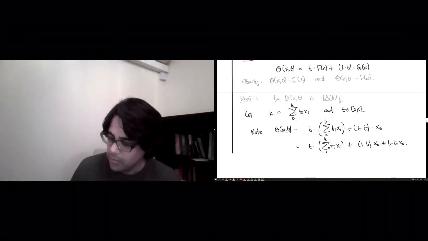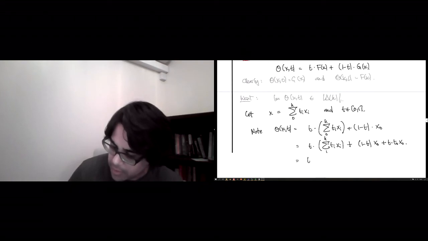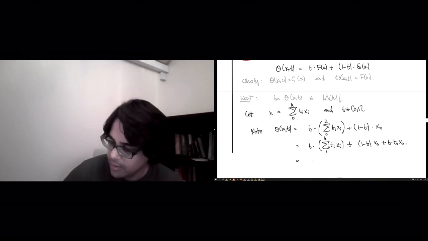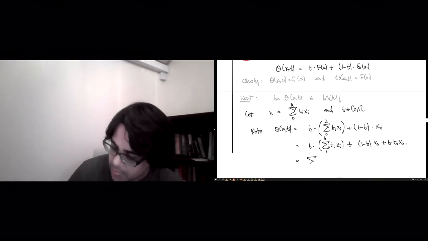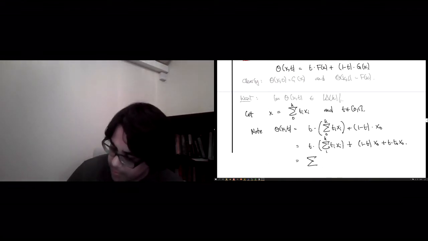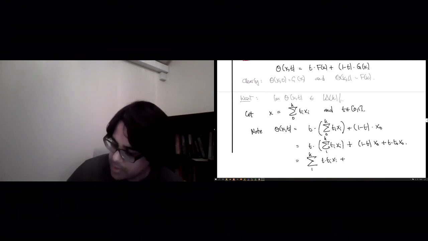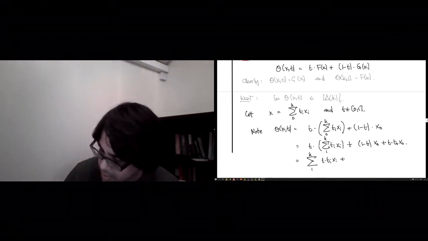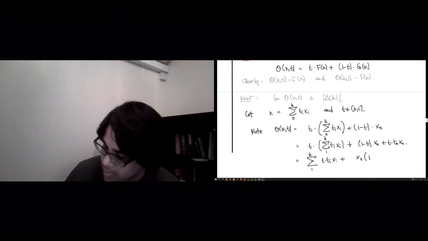Okay, so if you want to collect all of the x_0 terms together, let's move the t in. So this is the sum of t times t_i times x_i, now starting at 1, going to k, plus, oh dear, let's see, this is x_0 times (1 minus t plus t times t_0).